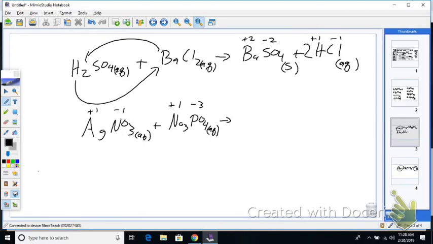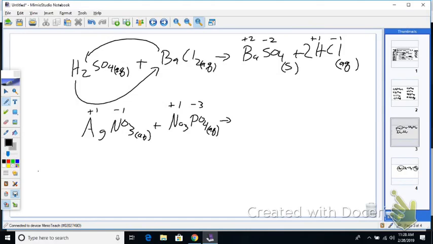So do the double switch. Make sure subscripts are used to balance charges out to get the right formula. Some of you are not doing that right on the last quiz in here. So you guys start doing a better job of that.